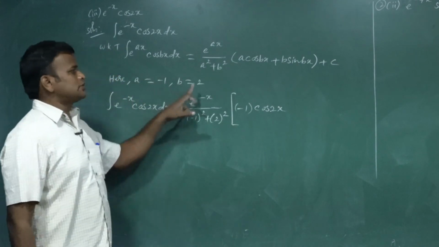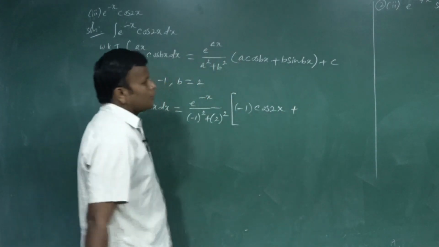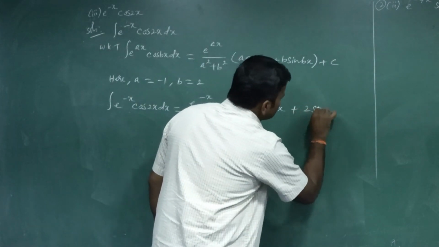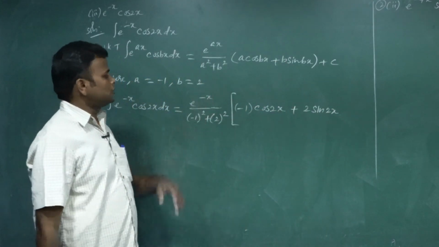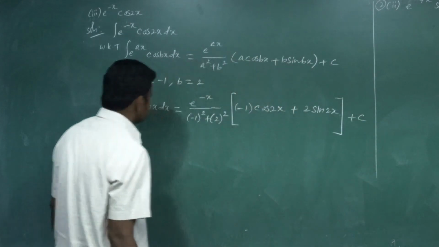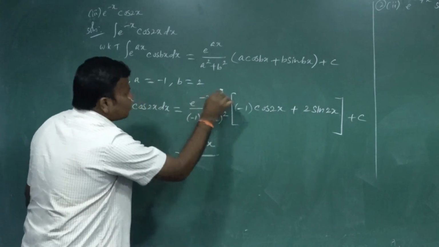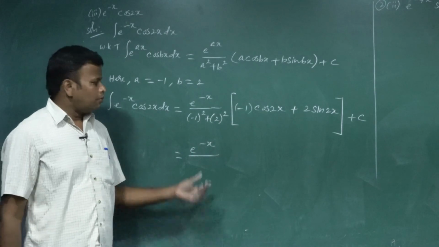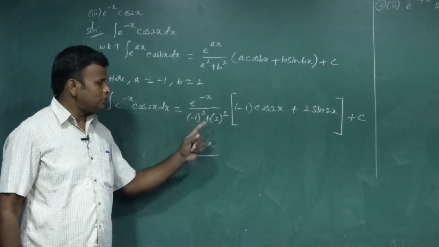Cos, the value of b is 2x, plus b sin bx, the value of b is 2, sin 2x, 2 sin 2x, plus c. So e power minus x over the denominator. The final answer of the denominator: minus 1 the whole square is 1, 2 square is 4, 1 plus 4 is 5.